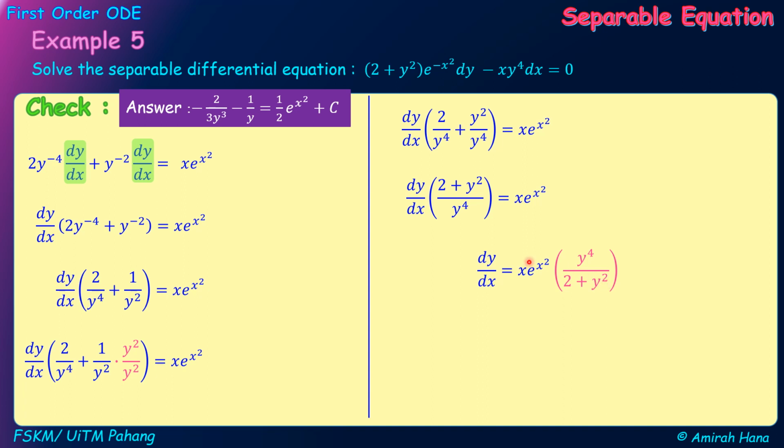Okay, so after we multiply and rearrange, we get dy over dx equals x y to the power of 4 e to the power of x squared over 2 plus y squared.